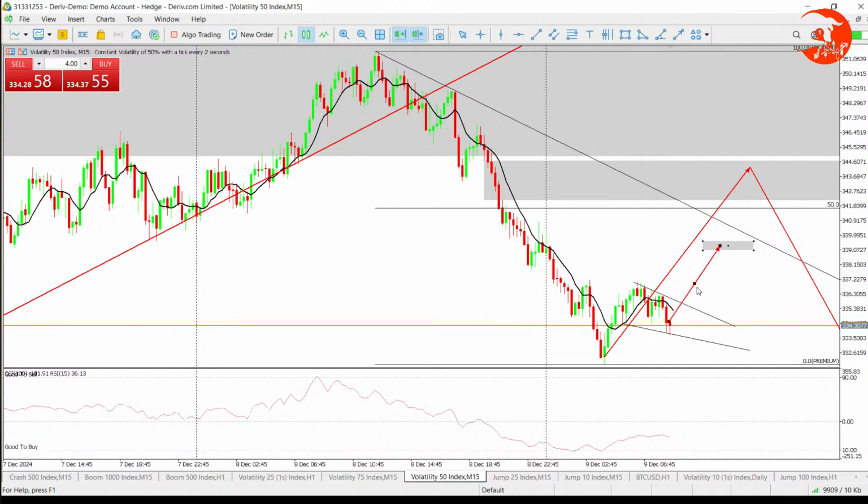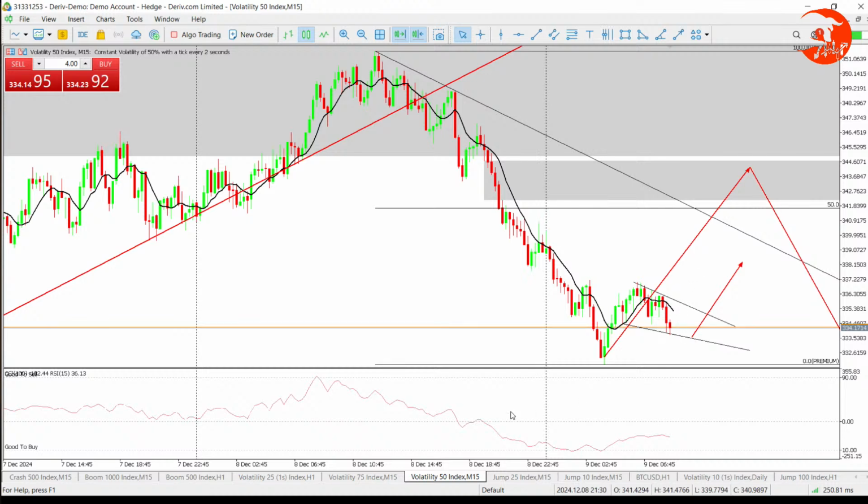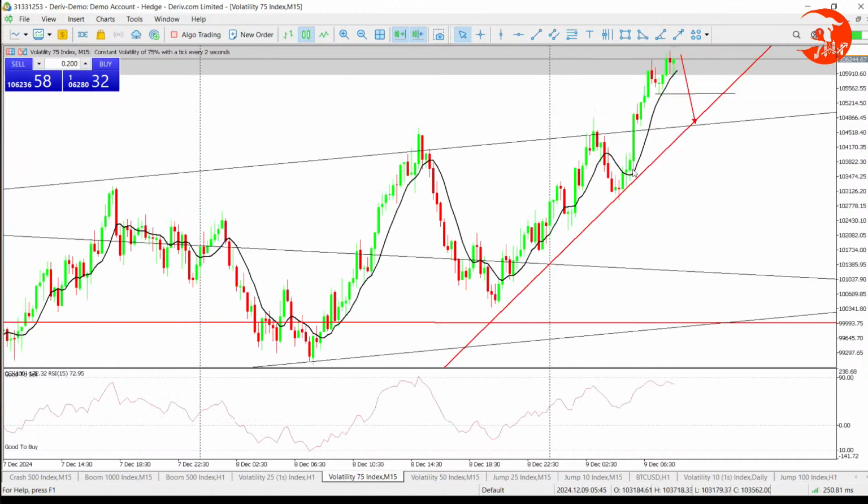In fact, we can't say that, so we have to wait for when it breaks out. No say on this level where we are not sure if it is going to come with enough momentum here and break out, so we wait for it. V75 we are looking for the pullback here, and then later on continue with the buy, because we know that general trend is a buy.